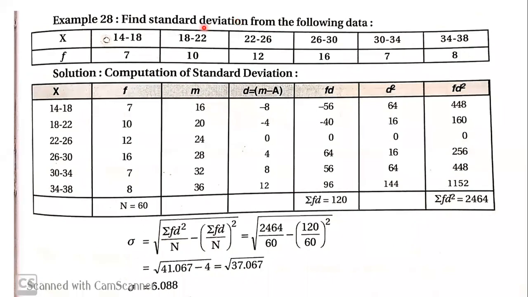Find standard deviation from the following data, and they have given us the class intervals and they've given us the frequencies. So if you see the class intervals, it starts with 14 to 18, 18 to 22, 22 to 26. It is exclusive class interval. How do you know it is exclusive?